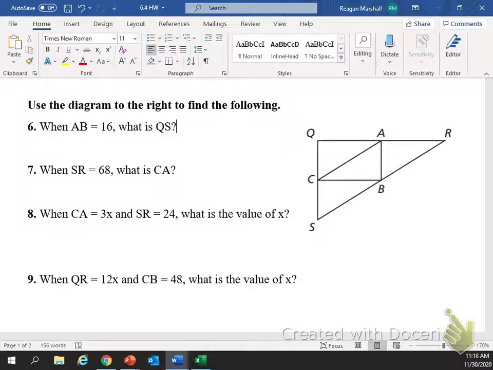Are you on number 8? No, number 7. Oh. So is that number 8? That's the length of CA, but that's not what X equals. So you're almost there. Correct.